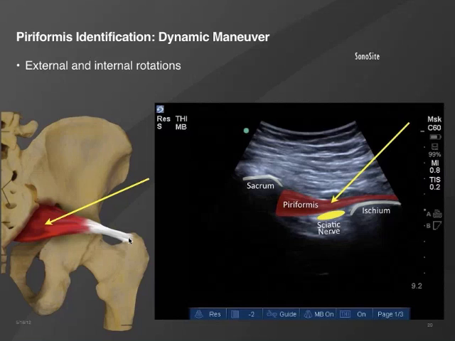And the way, of course, to get this to move is to flex the patient's knee and move the hip internally and externally, and that will tug on this and move the piriformis back and forth on this ultrasound picture.